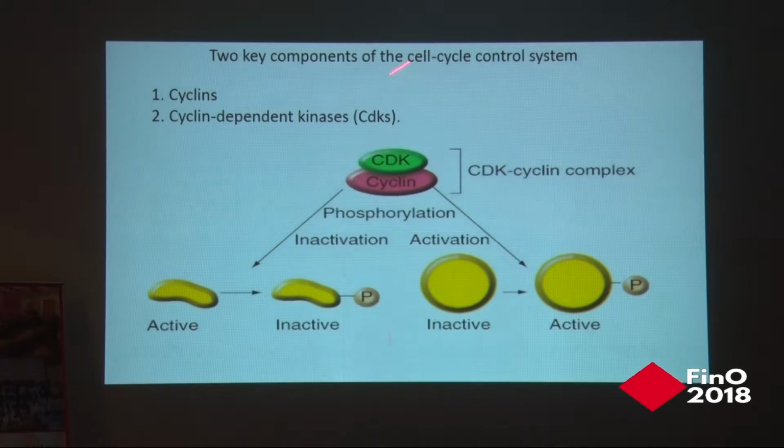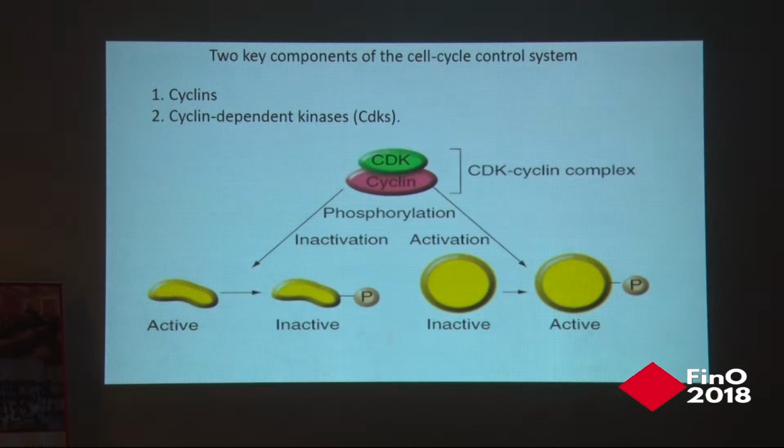And these 2 components that control the cell cycle are cyclins and cyclin-dependent kinases. So kinases, as the name suggests, are proteins that ultimately lead to phosphorylation of the downstream signaling proteins, the effector proteins that would then eventually lead to either the synthesis of the DNA or the division of the cells or all the downstream processes.